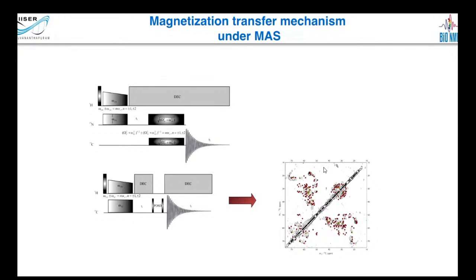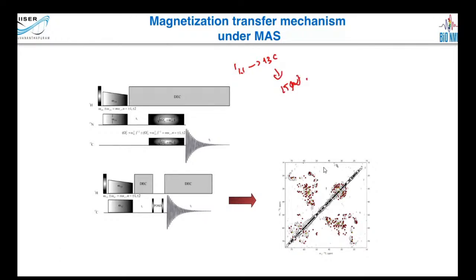In solution NMR, probably in the morning, she might have told you about how you do 3D NMR, and how we can get structural information from it, how we can assign molecules, especially protein molecules, where we do multiple magnetization transfers. So you have proton to carbon-13 to 15N transfer.